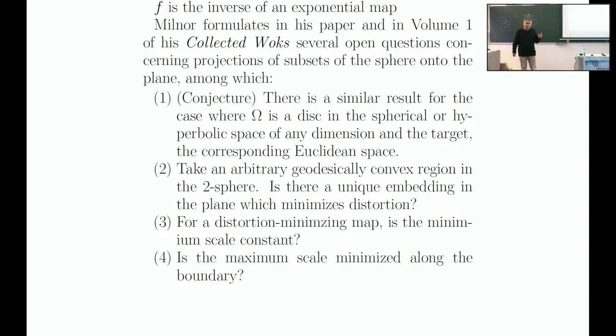Even in the hyperbolic space of dimension 2, the smallest hyperbolic space, it is not known whether there is a geographical map which has all the properties we stated. But he asks for the result in any dimension, and the target space is the Euclidean space of any dimension also.